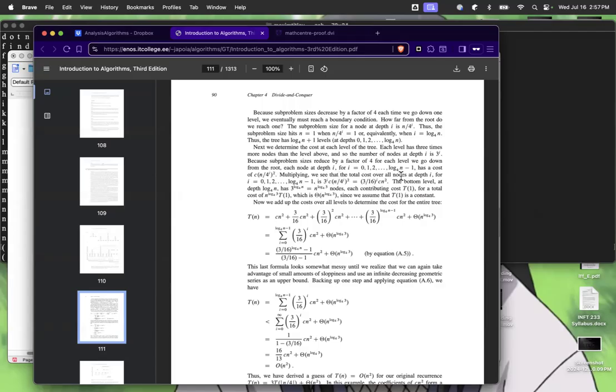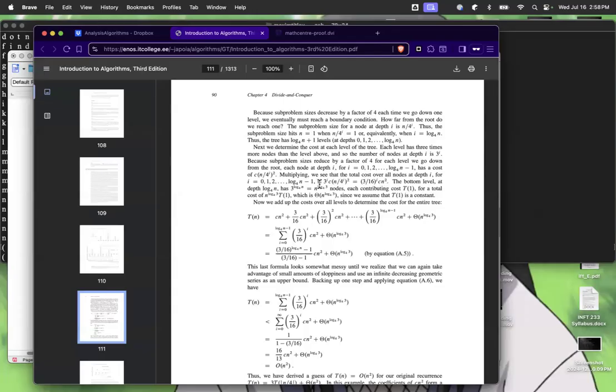Multiplying, we see that the total cost over all nodes at depth i, for depth up to log base 4 of n minus 1, is 3 to the i times c of n over 4 to the i squared, which then would equal 3 over 16 to the i times c n squared.